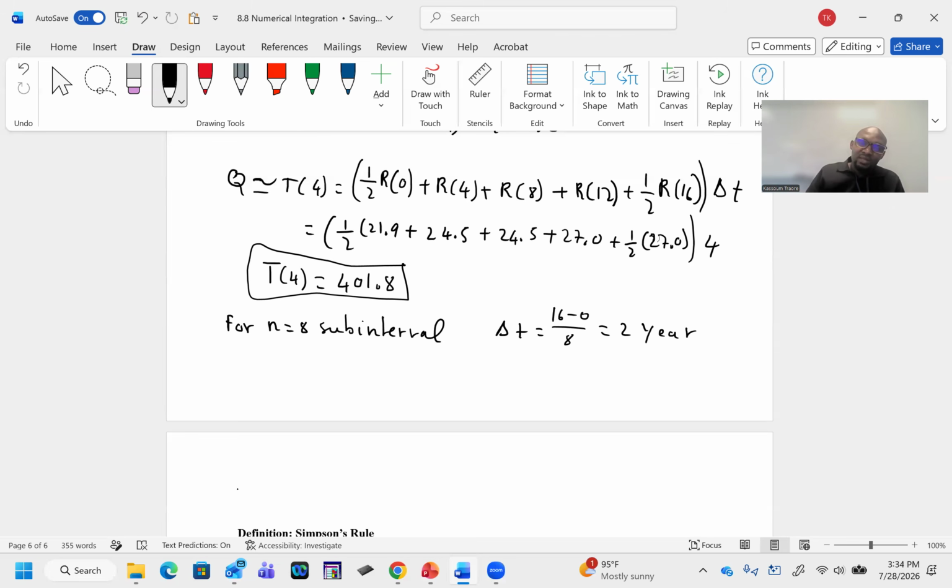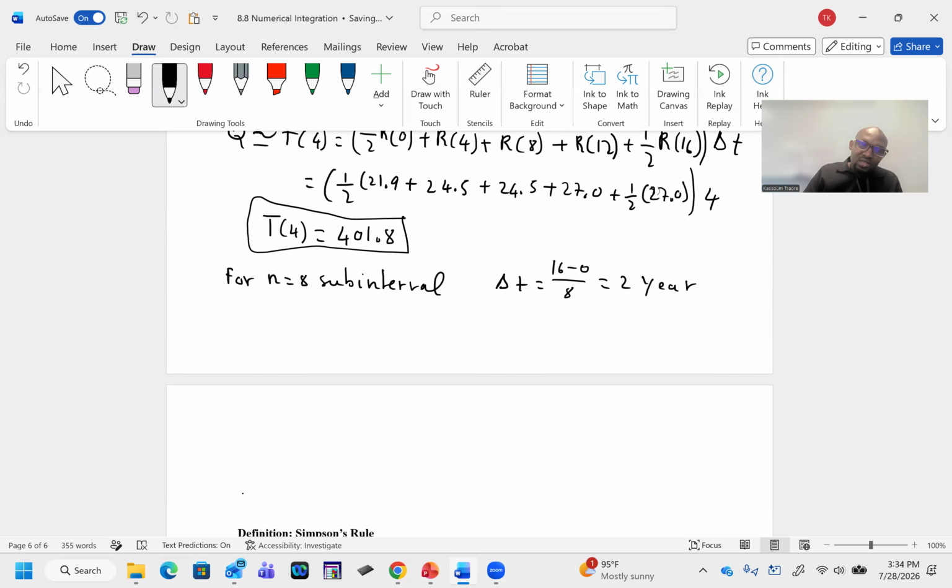So again, I'm going to use the same thing. Then Q would be approximately equal to M of 8, which would be, in this case, every 2 years.